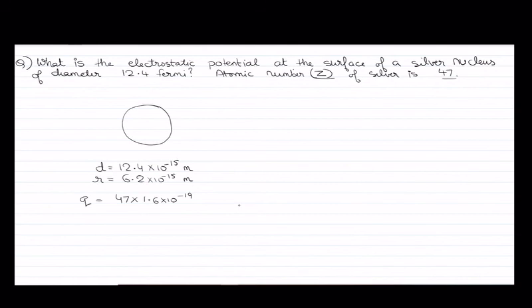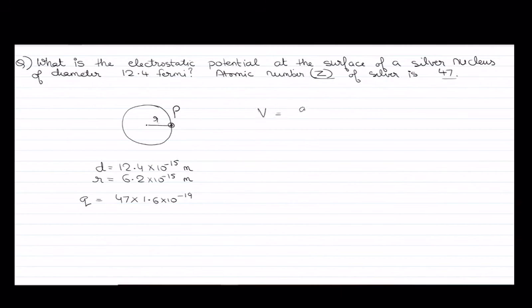Now we have to find the potential at the surface. Suppose here there is a point P at a distance R, which is 6.2 Fermi. I simply apply the formula once again.